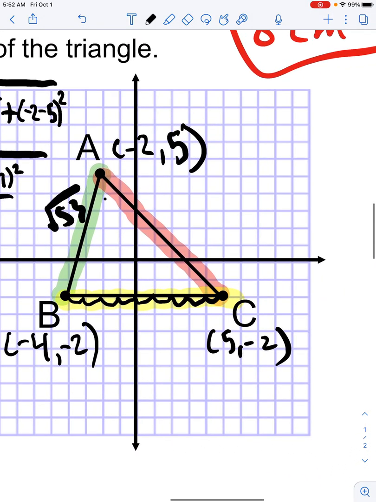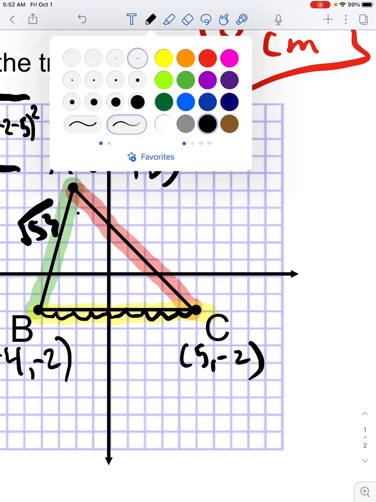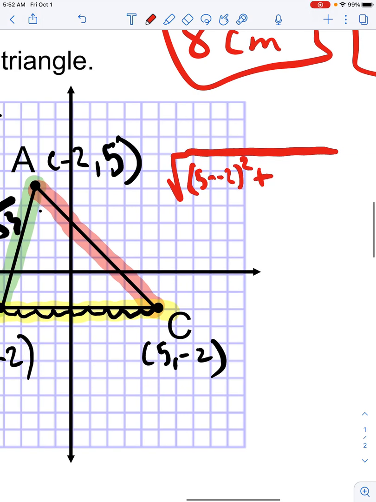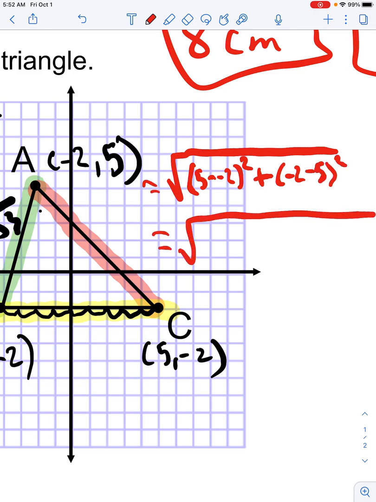And I have to do the exact same thing for AC as well. Take my x coordinates and subtract them: 5 minus negative 2 squared, plus negative 2 minus 5 squared. 5 minus negative 2 is 7 squared.